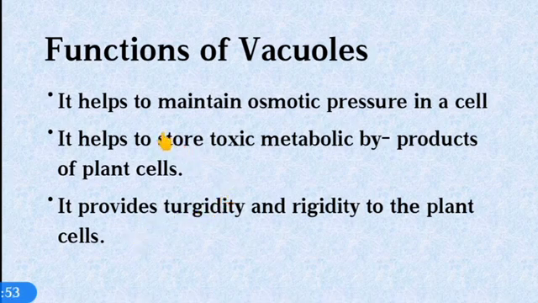So these are the functions of the vacuoles: they help to maintain osmotic pressure in a cell, store toxic metallic byproducts of the plant cells, and provide turgidity and rigidity to the plant cells.